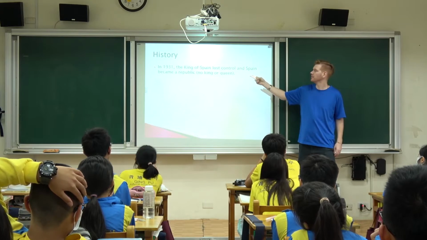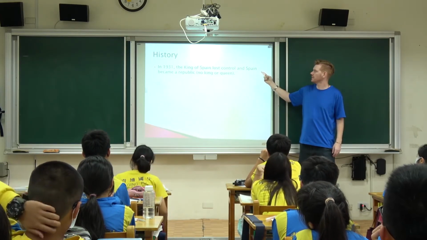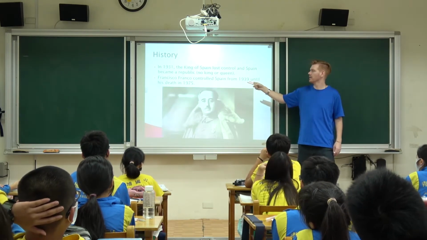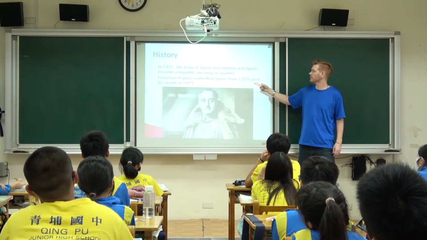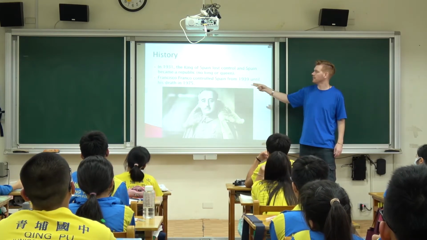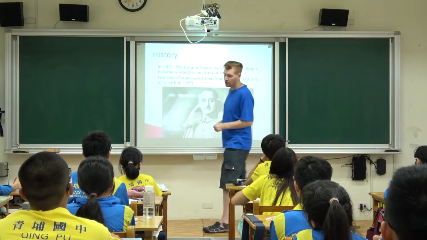In 1931, the King of Spain lost control and Spain became a republic. Francisco Franco controlled Spain from 1939 until his death in 1975.